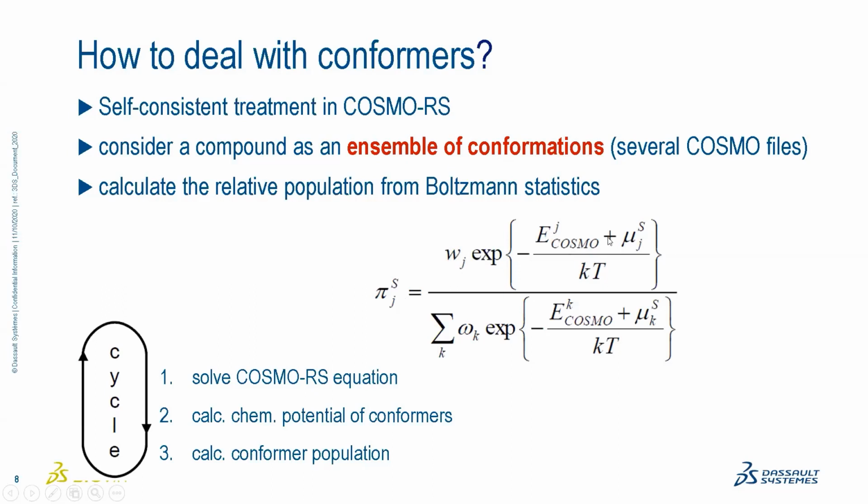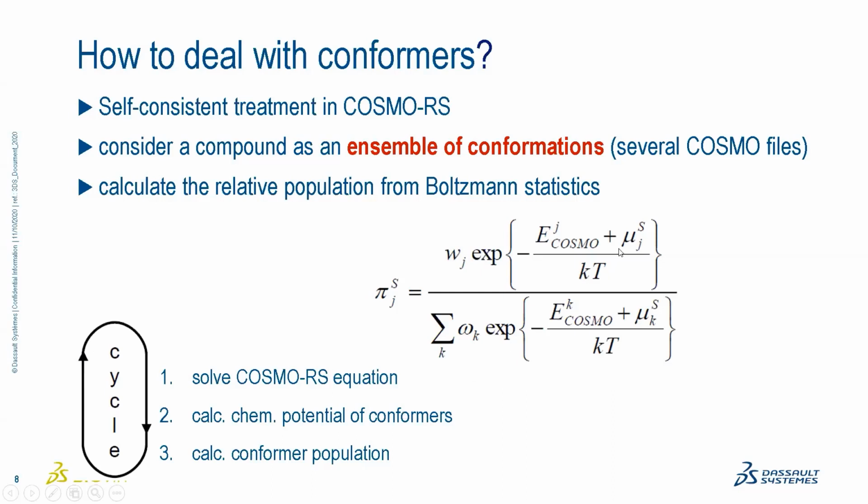That's the COSMO energy plus the chemical potential. And now we have the problem that to calculate my conformer population, I need the chemical potential. But I get the chemical potential if I solve the COSMO-RS equation, and therefore I need this p_i here, this conformer fraction. So therefore we have a second iteration loop here. We first solve the COSMO-RS equation, then we calculate the chemical potential of the conformers.